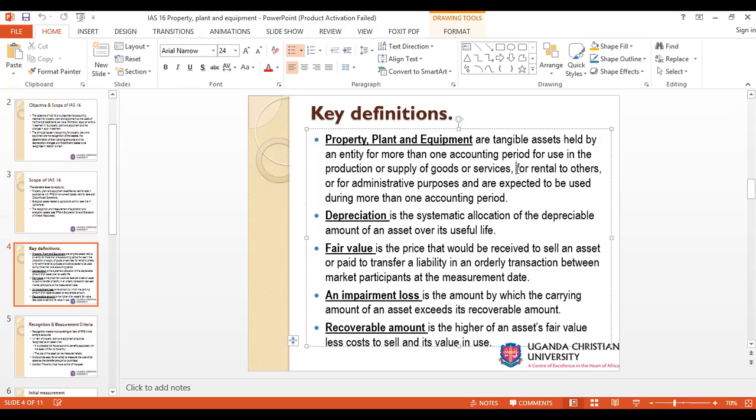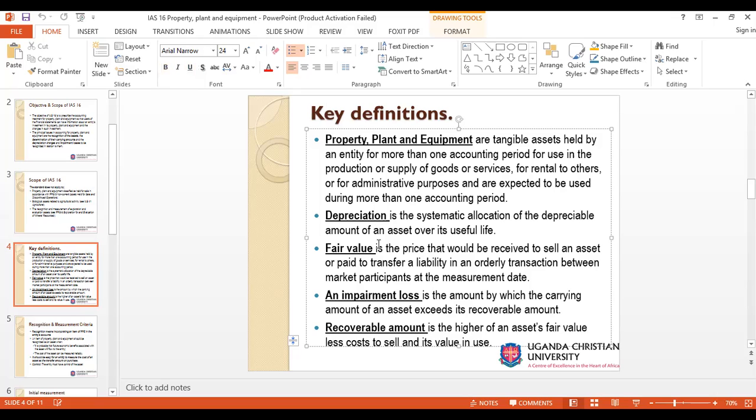So it is an investment property. It is accounted for under IAS 40. We shall look at IAS 40. For administrative purposes, that is when you have a building and you have some rooms you're using as offices. So that is how we can find property, plant, and equipment. Depreciation: that is the allocation of the depreciable amount of an asset over its useful life.